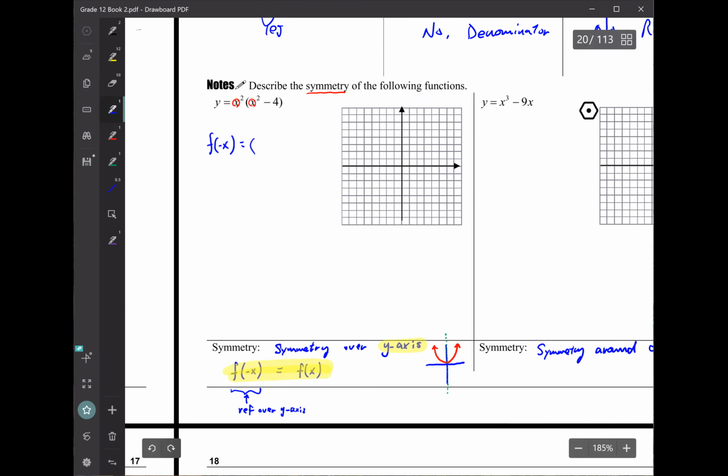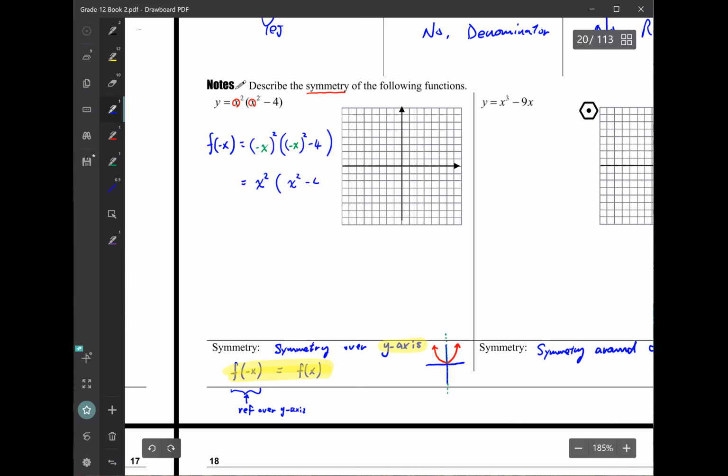So first one is the x squared, and then x squared minus 4. So the input is negative x, and I put negative x. And then we'll simplify this. Negative x times negative x will become positive x squared. And then same thing with the inside: the inside negative x squared will also become x squared.